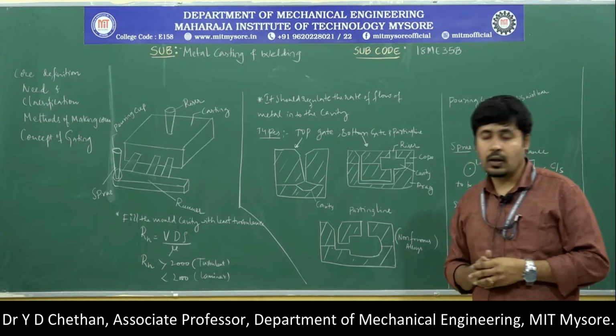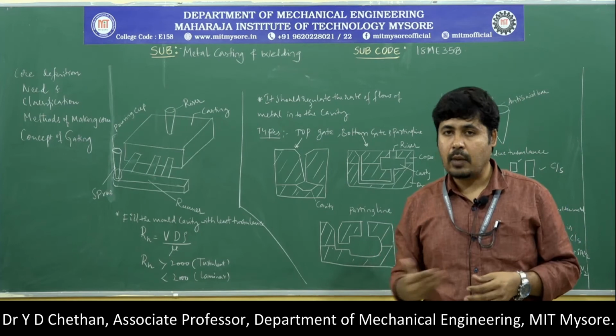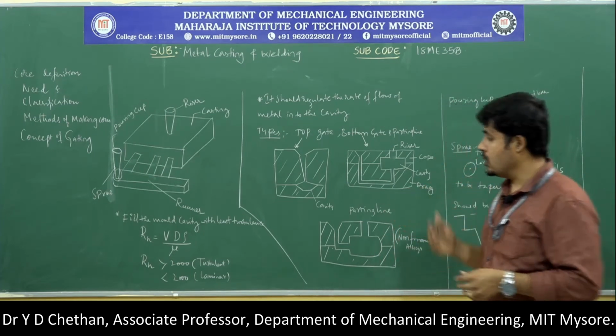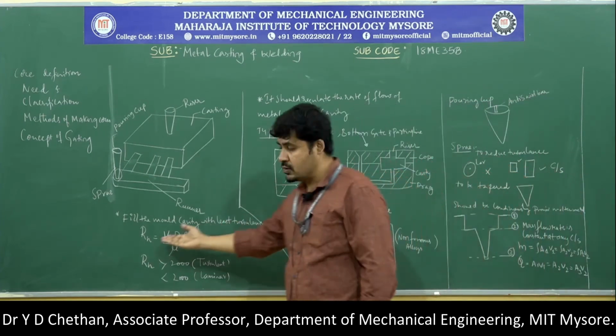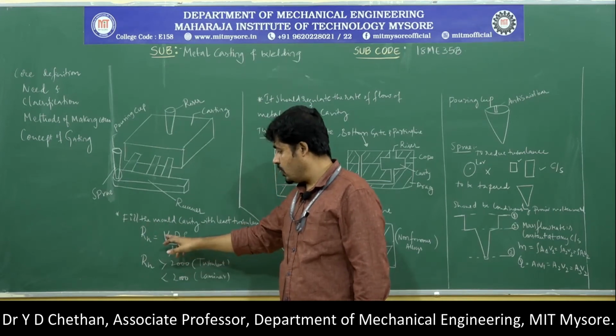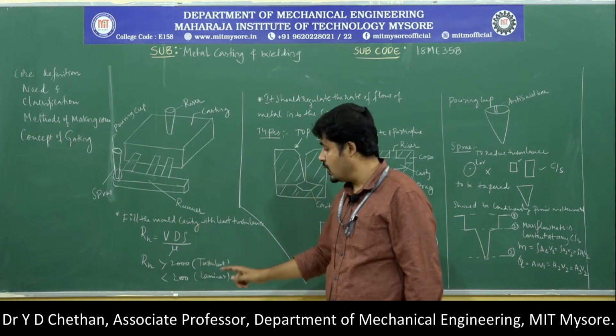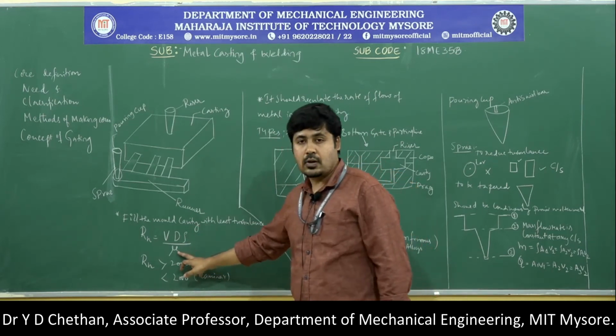How will I know whether the metal flow is turbulent or laminar in nature? For that you can use the Reynolds number parameter. The Reynolds number is associated with the velocity and the diameter of the channel, the density of the material being used, and the kinematic viscosity of the fluid.